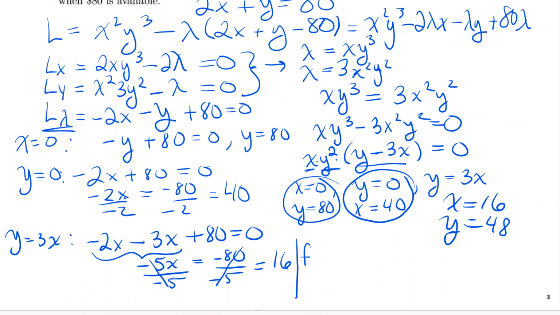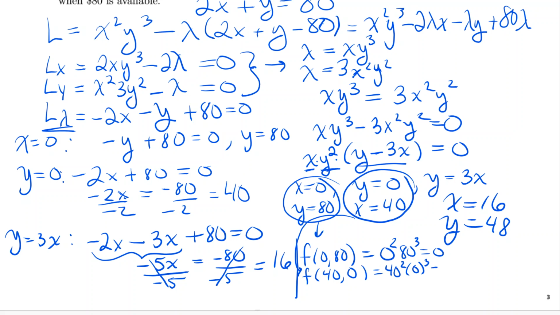So hopefully you notice that f of 0, 80 will be 0, because it's just going to be 0 squared times 80 cubed, which is nothing. And then f of 40, 0. So that was this guy, and then now I'm doing this guy. That's going to have the same problem. I'll have 40 squared times 0 cubed, which is going to be 0. And then hopefully you're like, oh yeah, that's going to be the one that gives me something interesting.